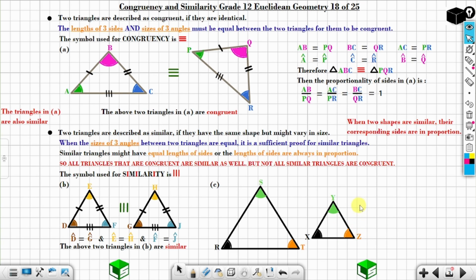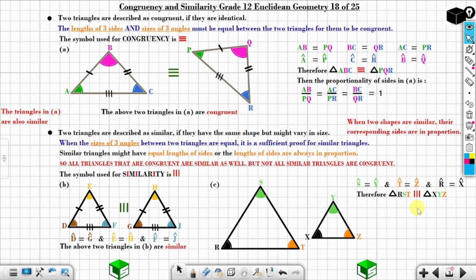So, you can see angle S is equal to angle Y, and angle T is equal to angle Z, and angle R is equal to angle X. You can say, because of this, therefore triangle RST is similar to triangle XYZ.